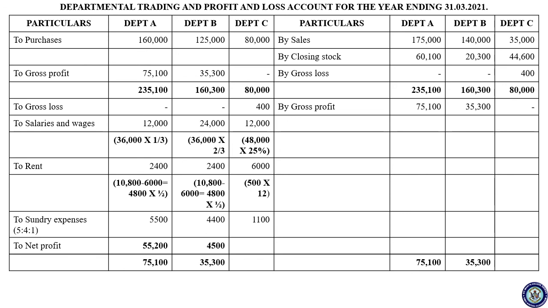Okay, in case of department C, the credit side is nil. So the debit side total itself is the balancing figure on the credit side. If there is an excess of debit, that is a loss. So first you write 'To net loss' because department C incurred loss.